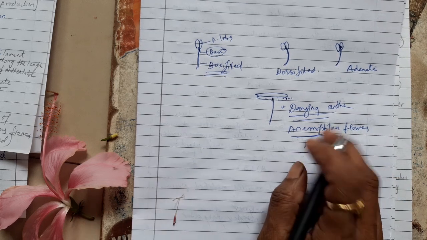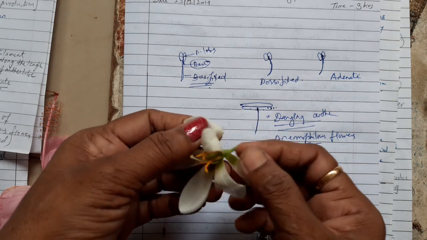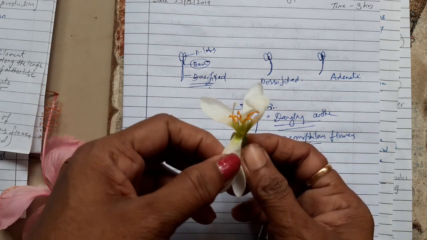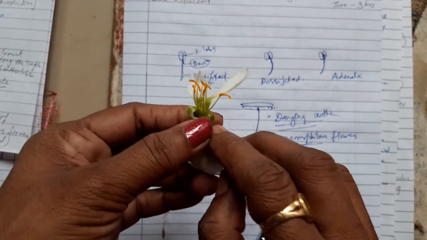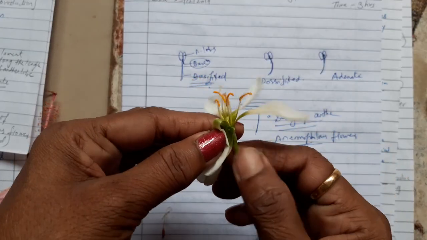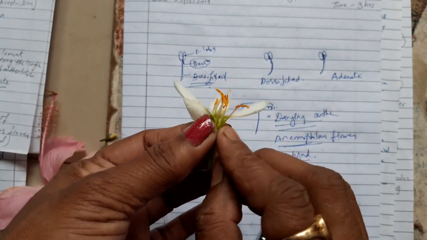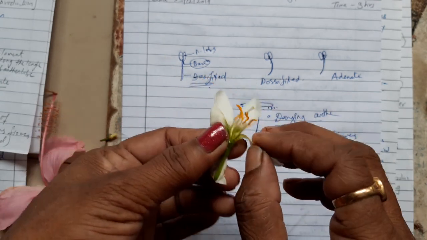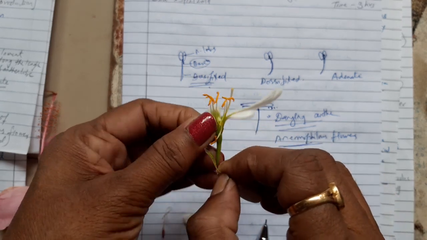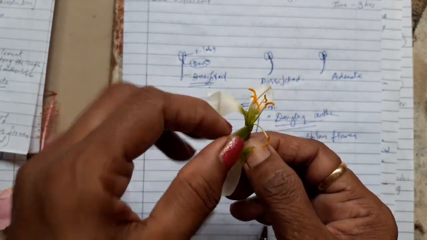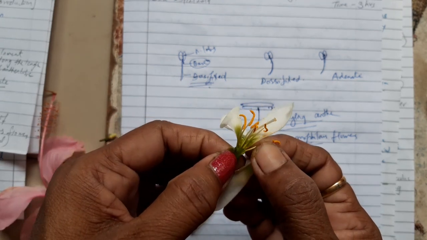I will show you this type because it was present in my courtyard. These are lily flowers. In that lily flower, see this. The filament is also attached to the thalamus, and from this thalamus, I will take out one.